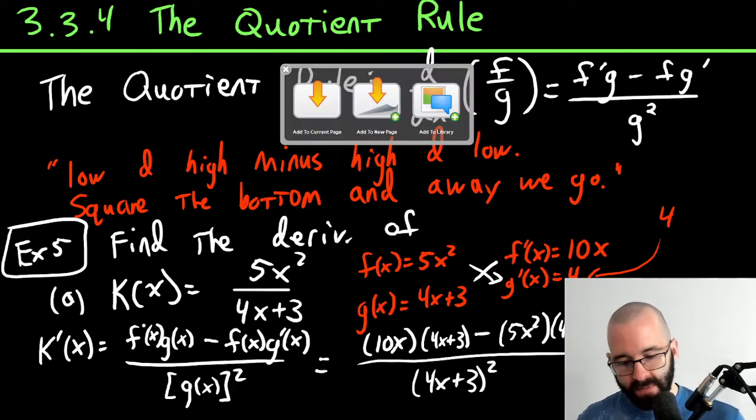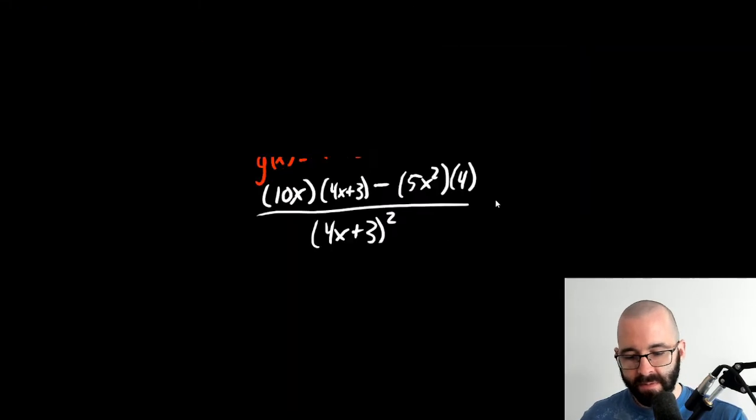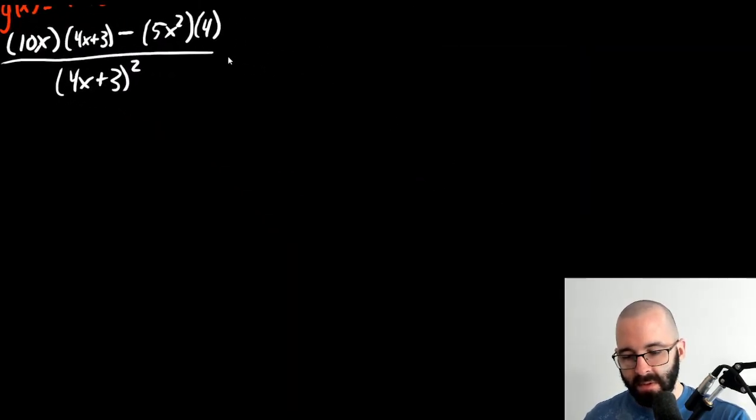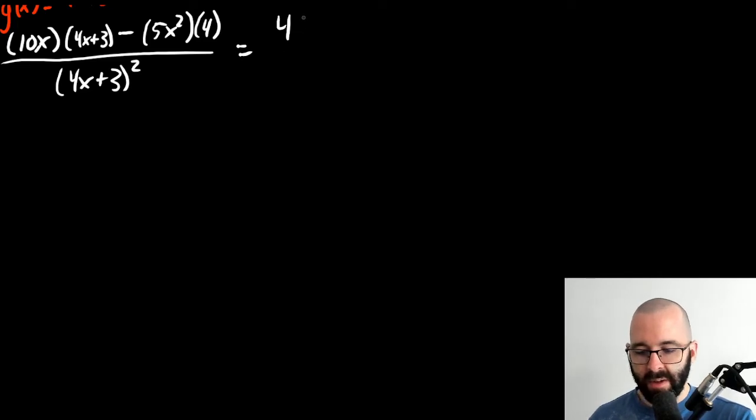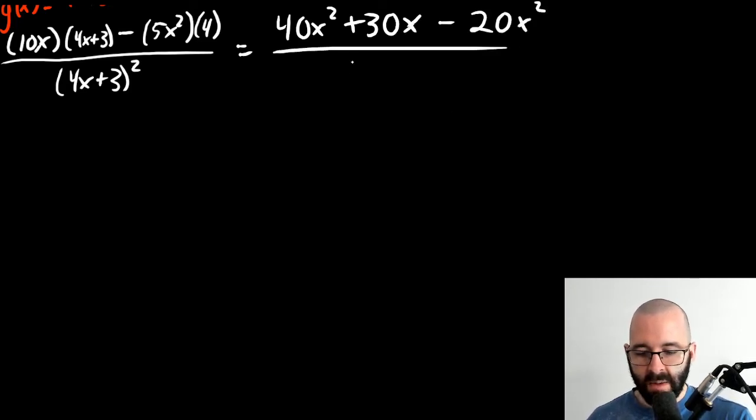All right. And now we just have to simplify. The first thing we have to do is distribute. That's going to be 40x squared plus 30x minus 20x squared. The denominator is going to be 4x plus 3 squared.